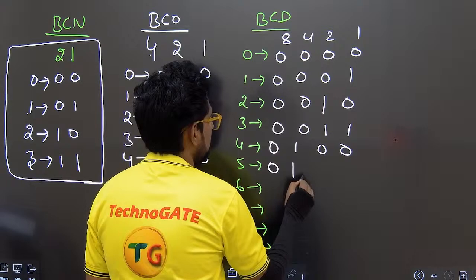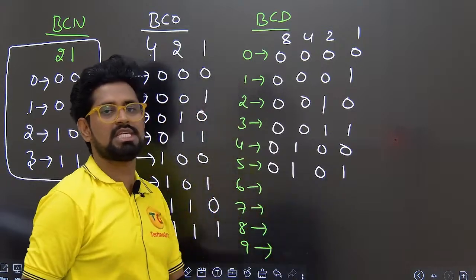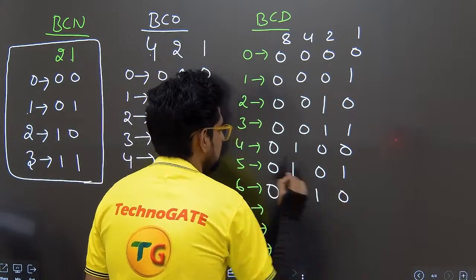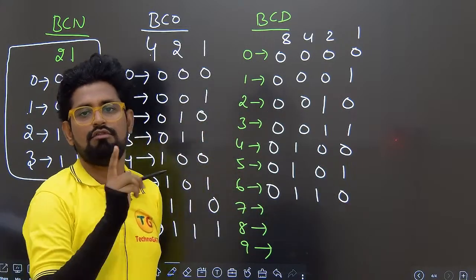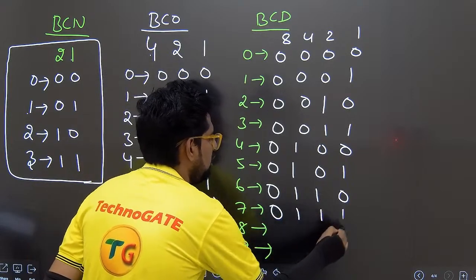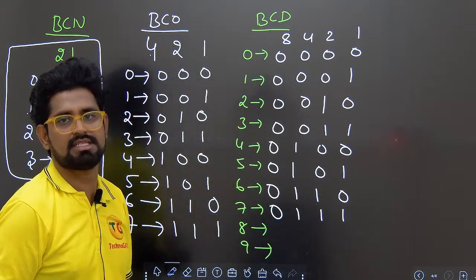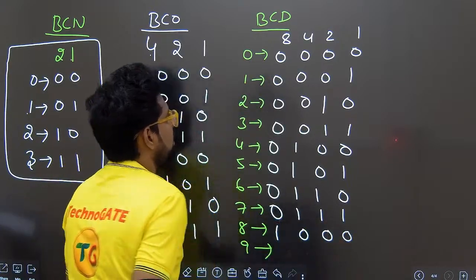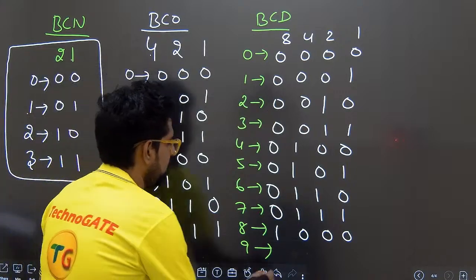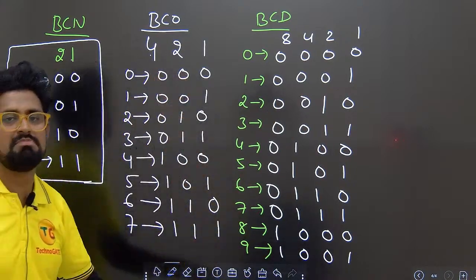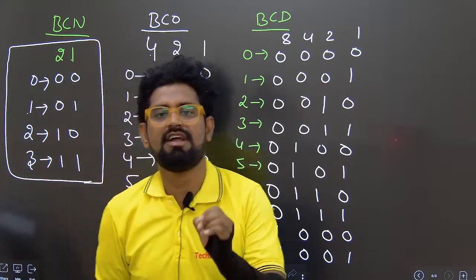That means 0, 1, 0, 1. 6 means 4 plus 2 is 6. 0, 1, 1, 0. 7 means 4 plus 2 plus 1, which is 7. 0, 1, 1, 1. Then 8 means 8 is appearing directly. 9. 8 plus 1, 9. 1, 0, 0, 1. Okay. So this is the BCD code, binary coded for decimal.